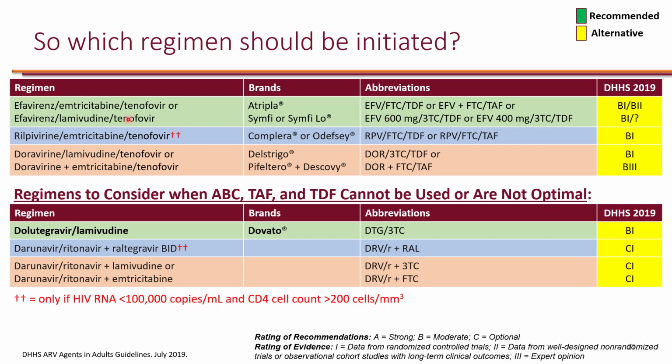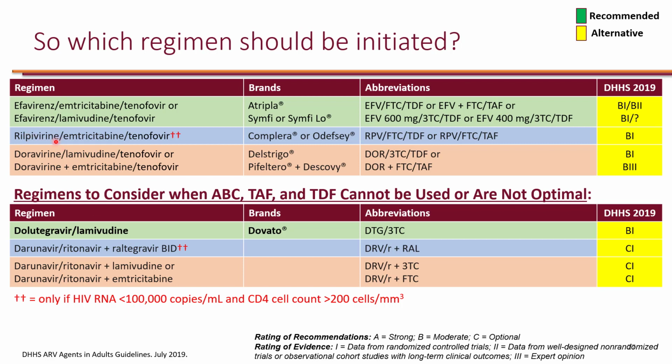And then we have rilpivirine as the third agent, which is no longer recommended first line, and it's again because you have to use it only when the viral load is less than 100,000 and the CD4 also needs to be greater than 200. That's because when the CD4 was less than 200 or when the viral load was greater than 100,000, rilpivirine was not as effective.